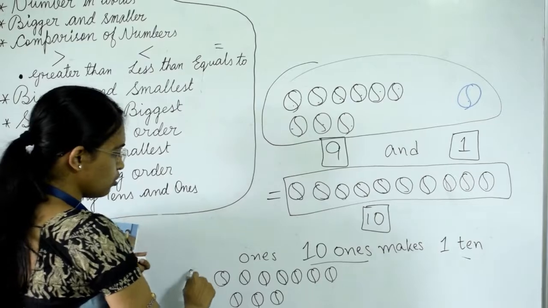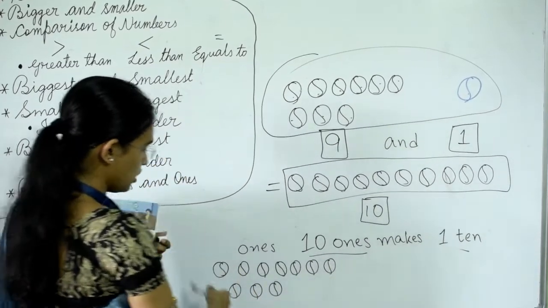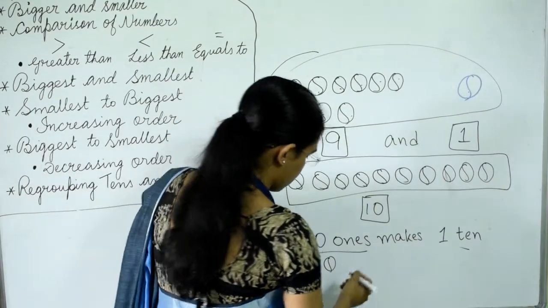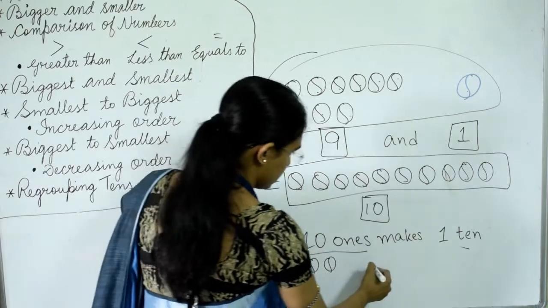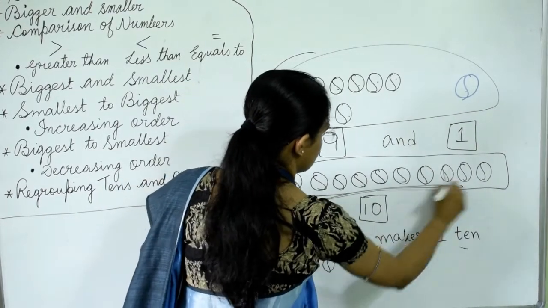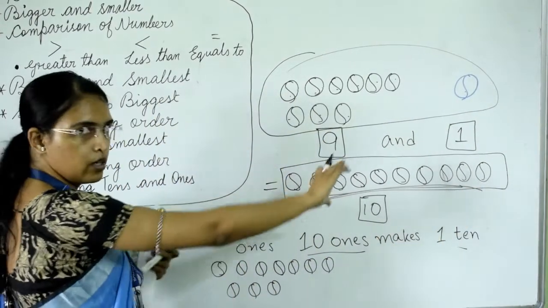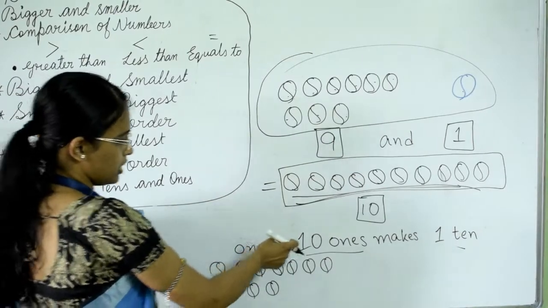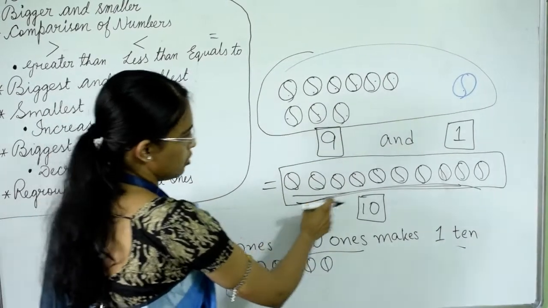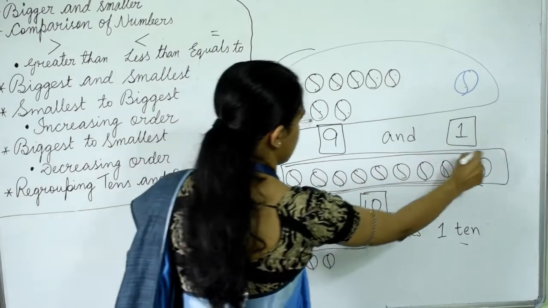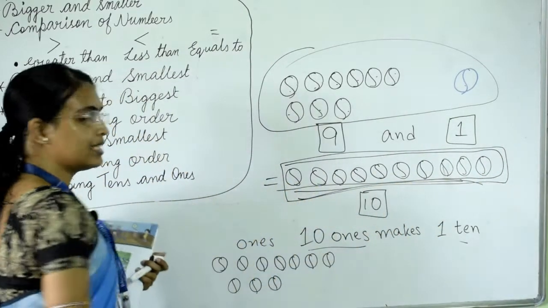And when you join all the balls together, you are making a group. That means 10 ones makes 110. This 10 balls makes 110.